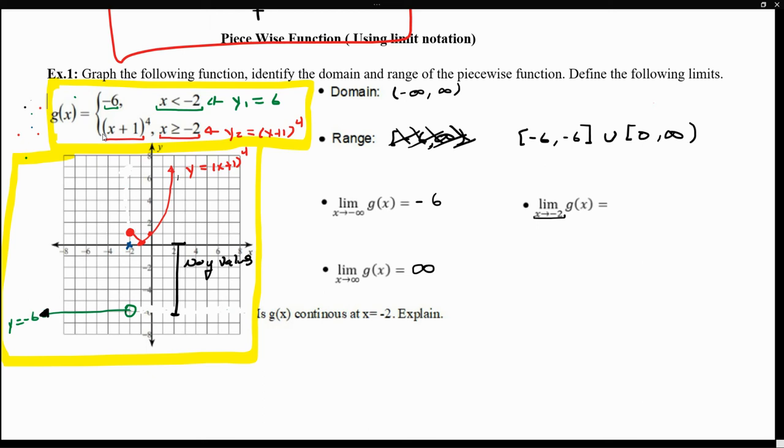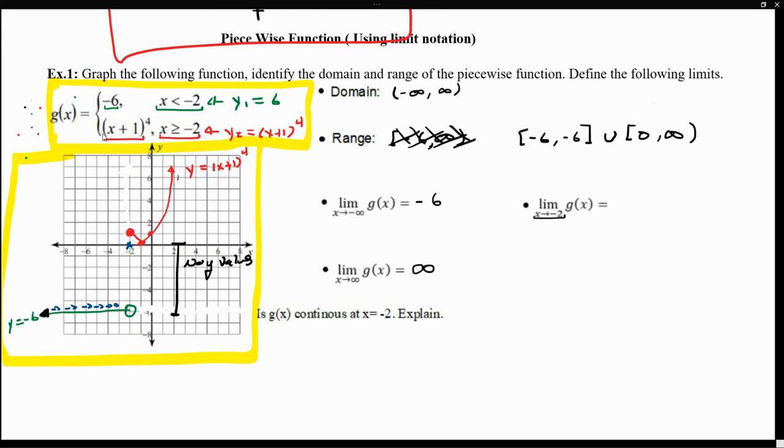And there's something interesting happening at -2. If I'm approaching -2 from the left-hand side, I'm going to be looking at this direction. As I'm getting closer to -2 from the left-hand side, notice that I seem to be getting to the value of -6.